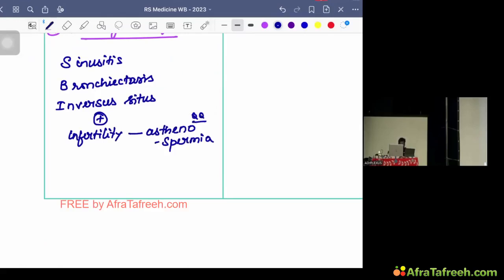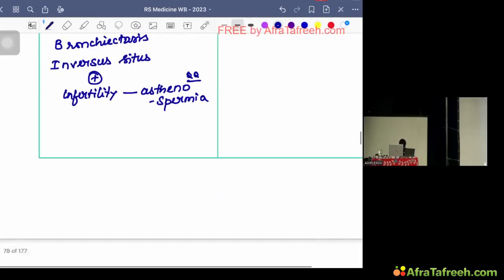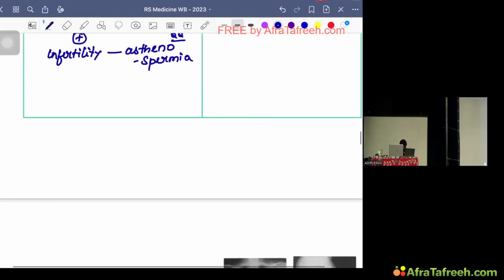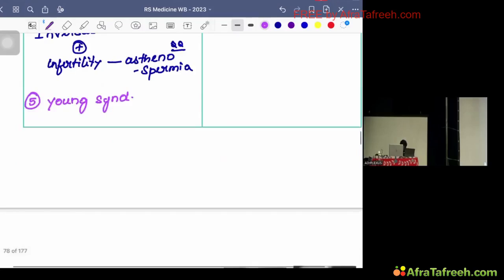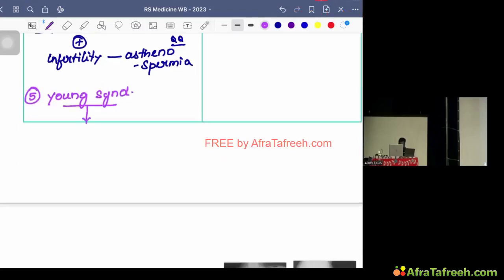Okay, asthenospermia. Then the third syndrome which is associated with this condition is going to be Young syndrome. Young syndrome also has the same features like our SBI. Apart from this, there is going to be infertility, and this infertility is characterized by azoospermia.